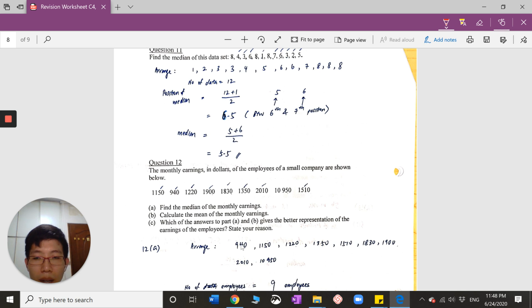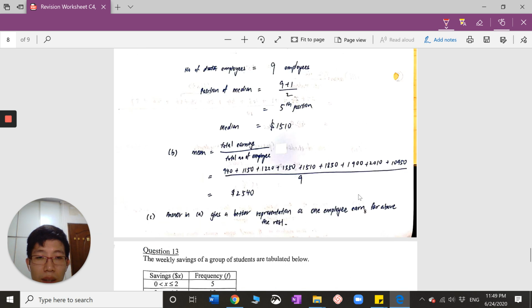This one is an outlier, an extreme value. So you can say that the answer in A gives a better representation as we are using the median. Median is not affected by extreme values or outliers. And to explain why it is better, you can say that one employee earns far above the rest.